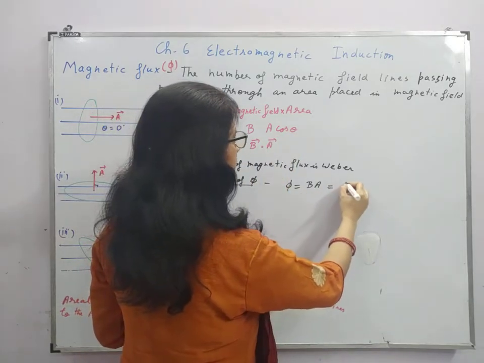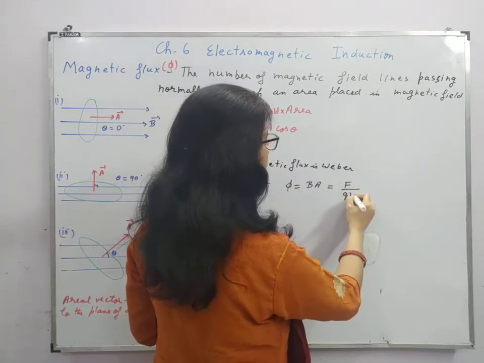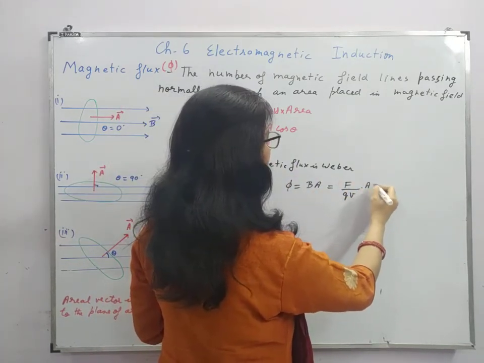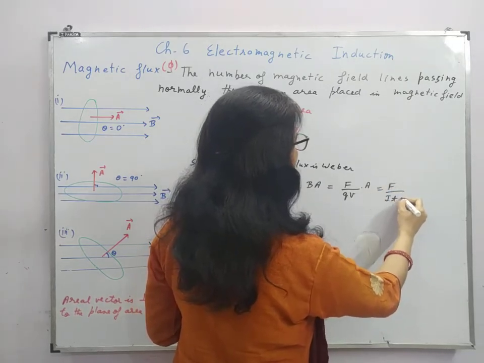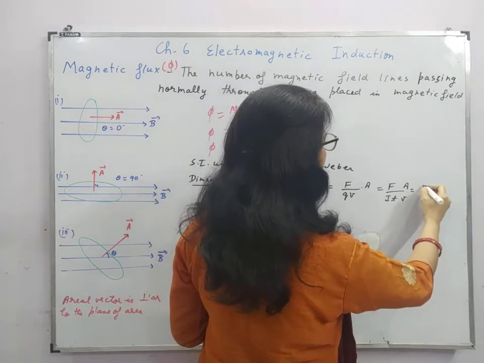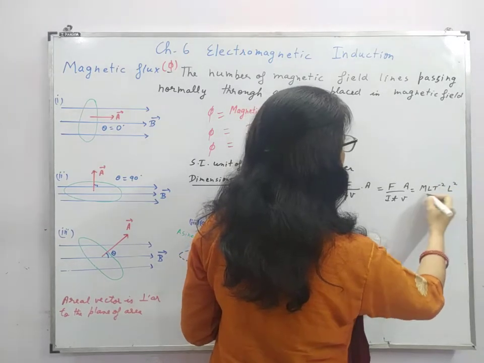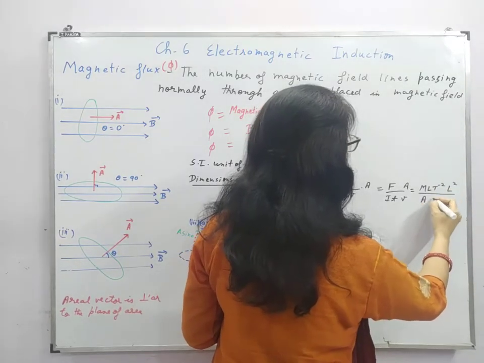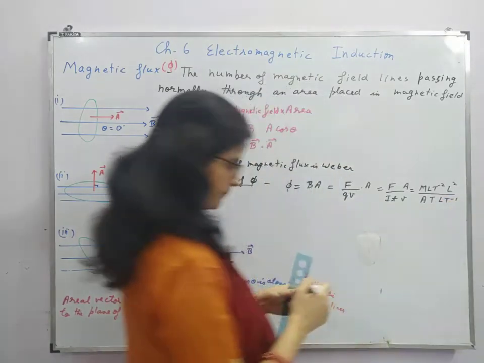B can be written as F upon QV, so F upon I T into V into A. Here we can write the dimensions: M L T minus 2, L squared upon I, which is ampere, T is time, and V is L T minus 1.